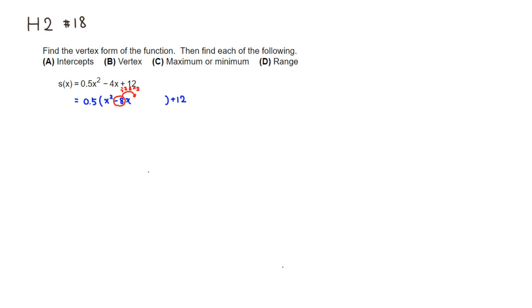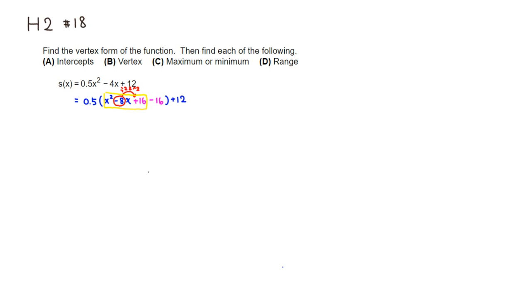Negative 4 squared would be 16. So you would need positive 16 here. But since we added positive 16 there, I'm going to subtract the 16 right away so that we don't change the function. So we're going to use these three terms to complete the square.